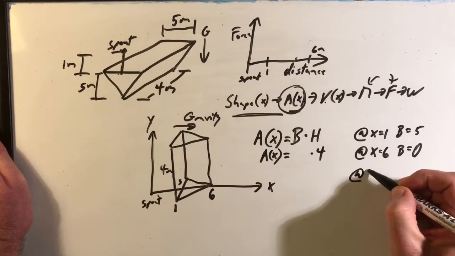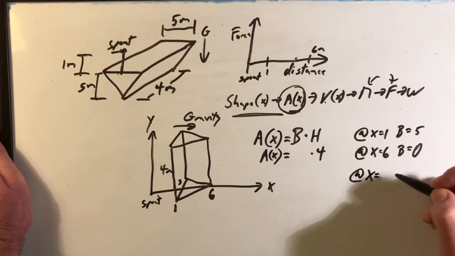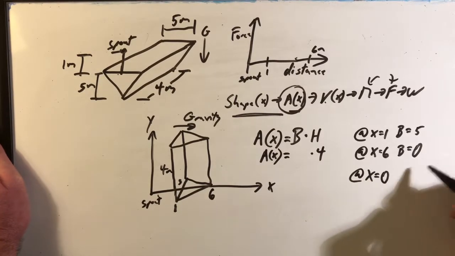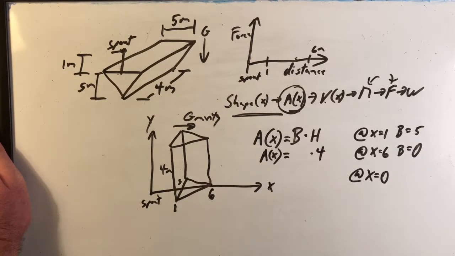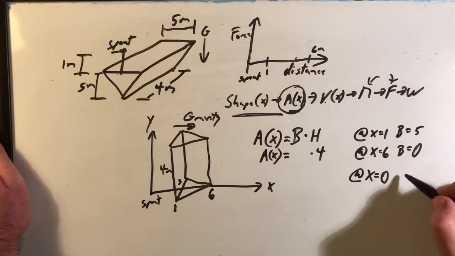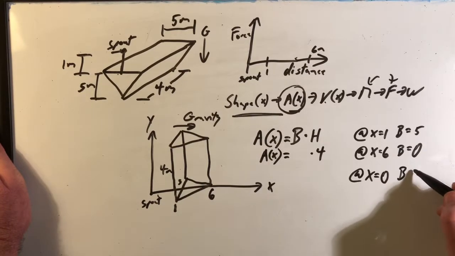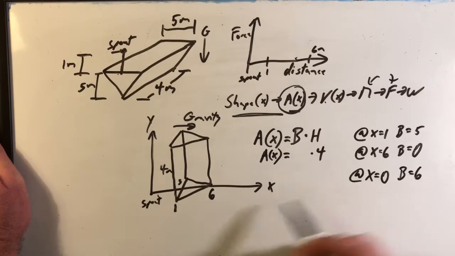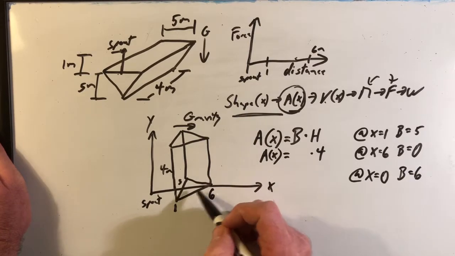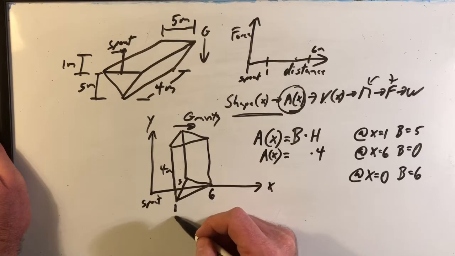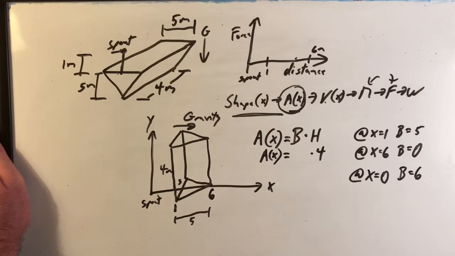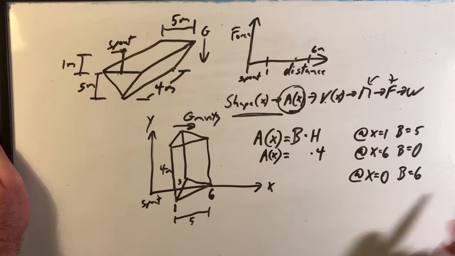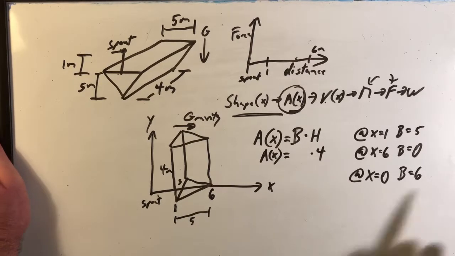So we can say at x equals 0, it's going to be a little bit greater than 5. It's actually going to be base equals 6. As I can see, it's decreasing by 1, because this is a distance really of 5 here, and this is decreasing at a rate of 1 per unit of x. So don't believe me, just give it a try and think about it.